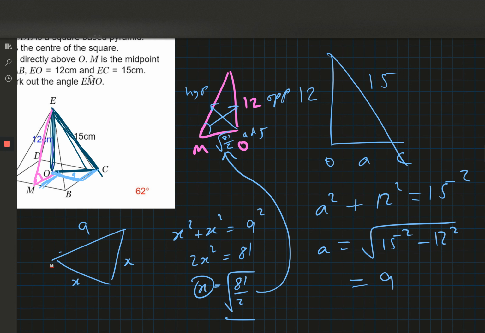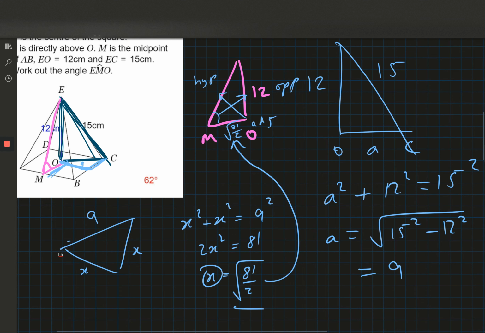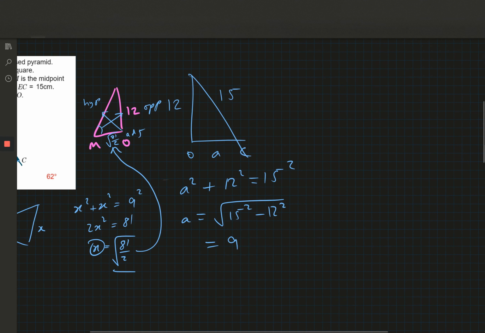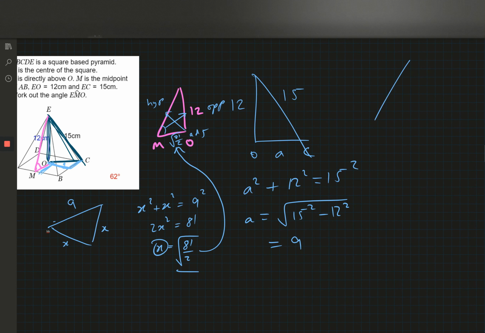So to find the angle here, we can use opposite and adjacent. So that is going to be tan. So tan theta equals opposite, which is 12, over adjacent, which is in brackets root 81 over 2.